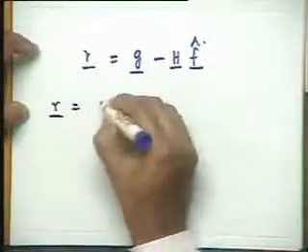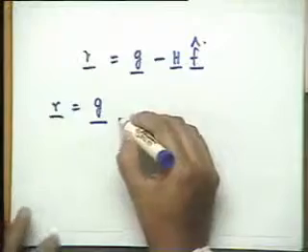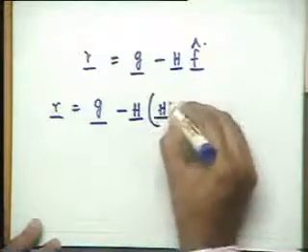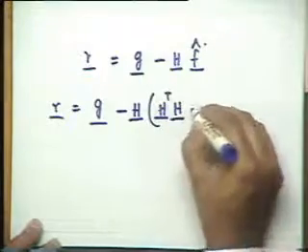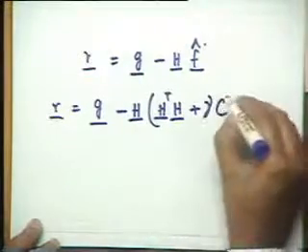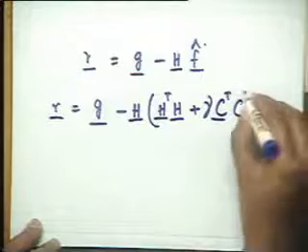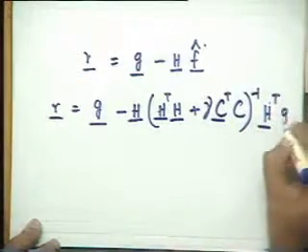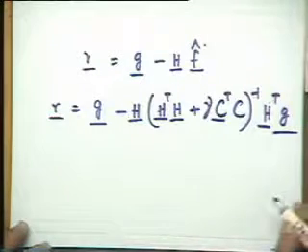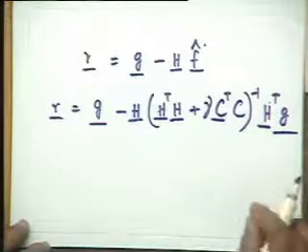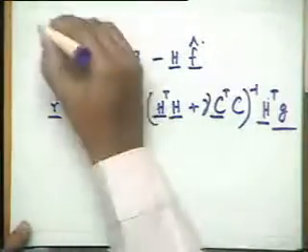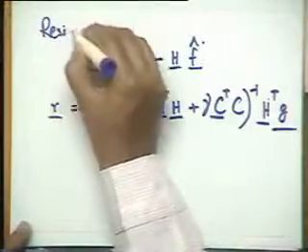The residual vector's expression is going to be r vector equals G vector minus H, H transpose H plus gamma C transpose C, this entire thing inverse, H transpose G. This is going to be our residual vector.